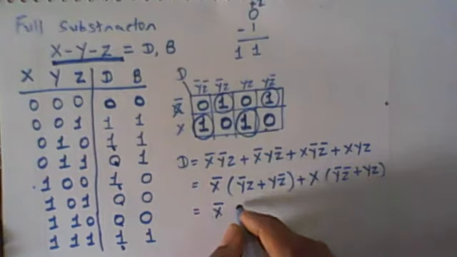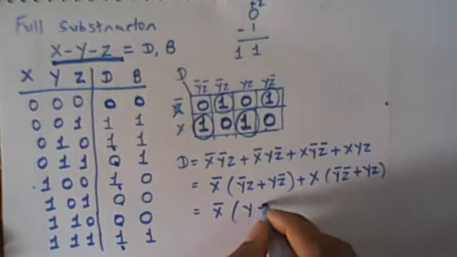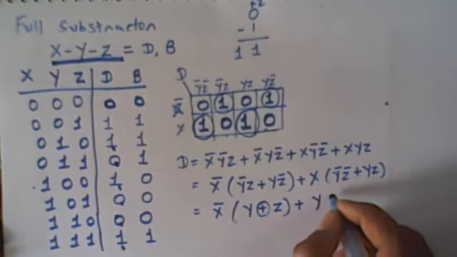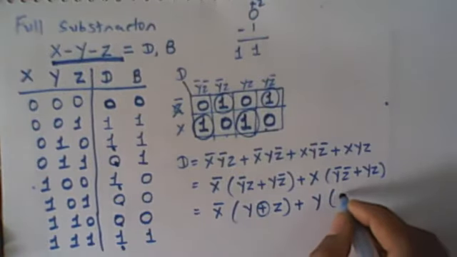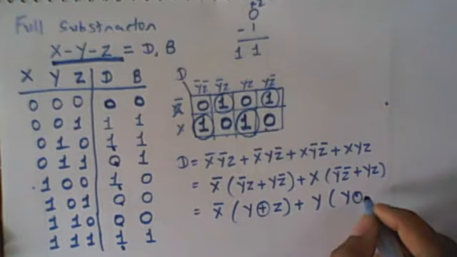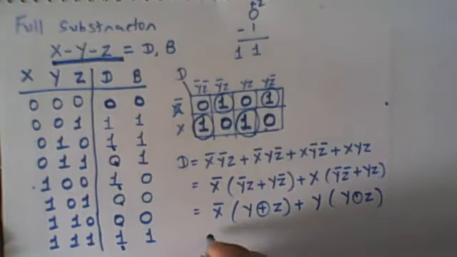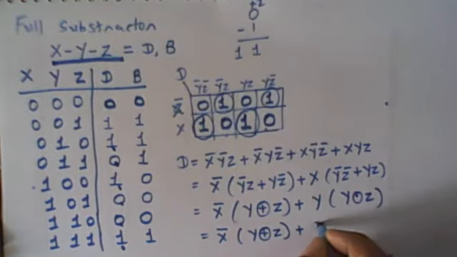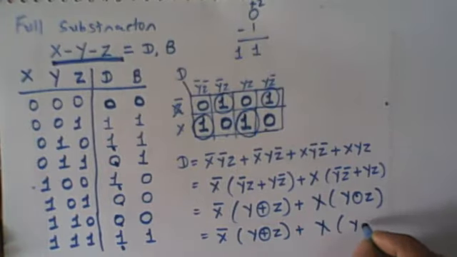So x bar times the y and z XOR, plus x times y z, which is nothing but the y and z XNOR. And we know XNOR is the inverse of XOR.